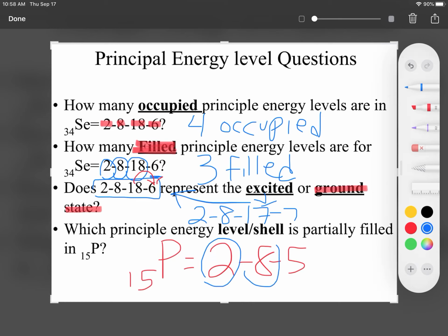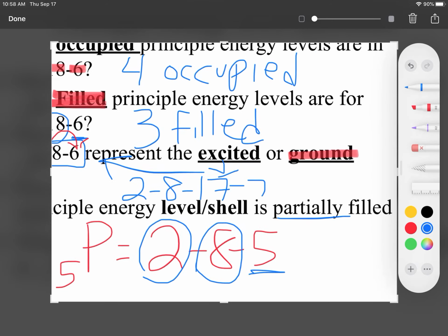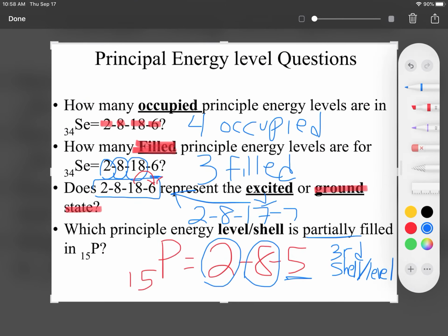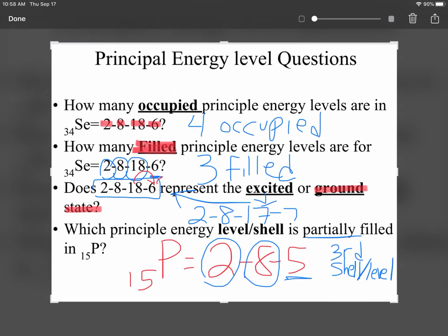The second level or shell holds a maximum of 8. That's filled. The third holds a max of 18. So is the third one filled or partially filled? That's right. The third one is partially filled. So the answer is the third shell or level is partially filled. Okay? All right, let's move on.